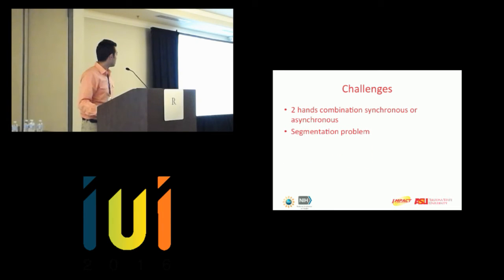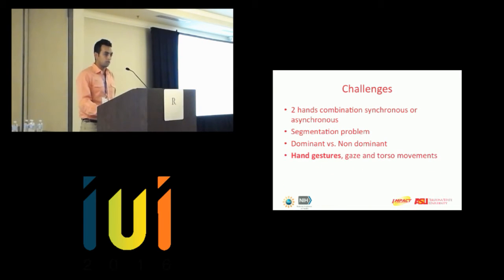And there's also a segmentation problem, which means that it is difficult to figure out when a sign ends and the other one starts. Also, like we talked about, the two hands can have relationships with each other to convey the meaning. One of them might be the dominant hand, and the other one is just a reference. What we deal with in this work is mostly hand gestures, although sign language does have gaze, torso movements, facial expressions, etc.